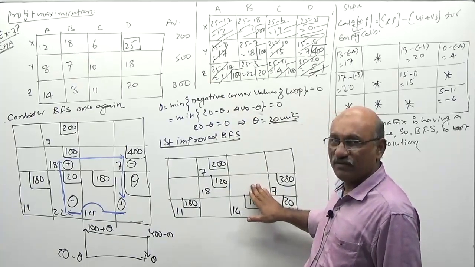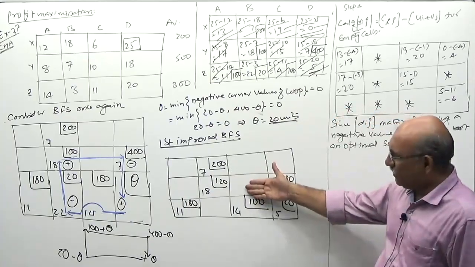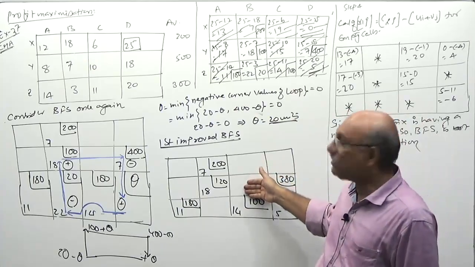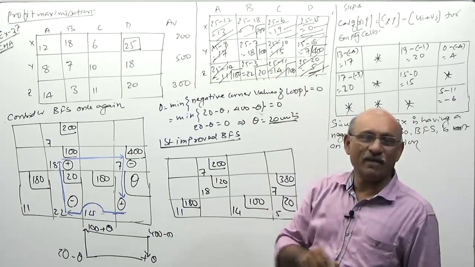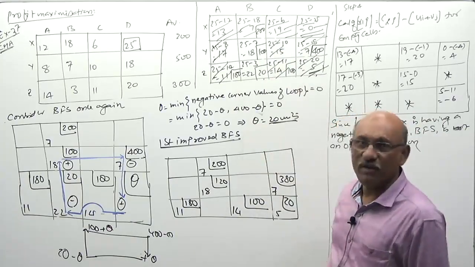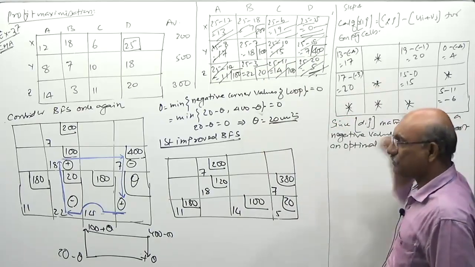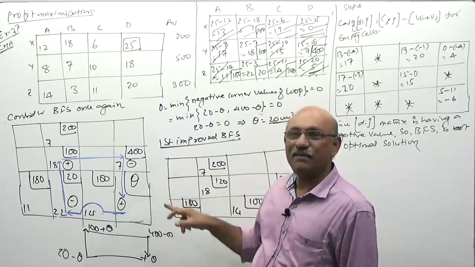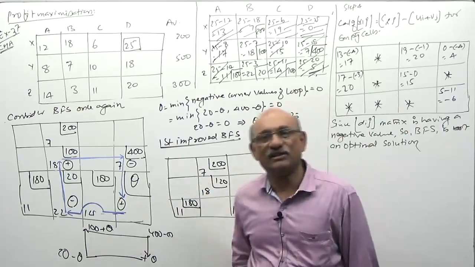When doing the optimality test for the first improved BFS, the initial solution obtained by Vogel's method is not required. You have to concentrate on the first improved BFS. So these are the 2 more steps you have to take up. I am giving 1 minute, sir. Note this down, then I will go for further calculations.